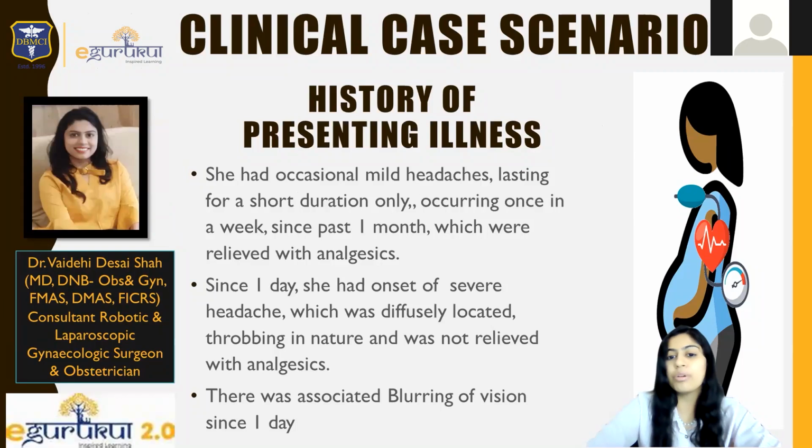So that comes about only 4 episodes in a month, which were relieved with analgesics. But since past 1 day, she had onset of severe headache, which was diffusely located, which was throbbing in nature and was not relieved with analgesics. There was also associated blurring of vision since 1 day.